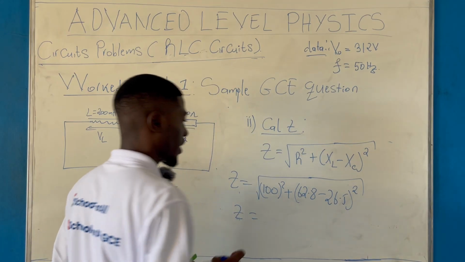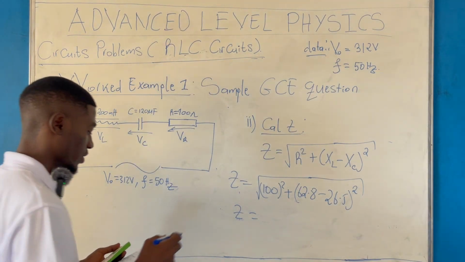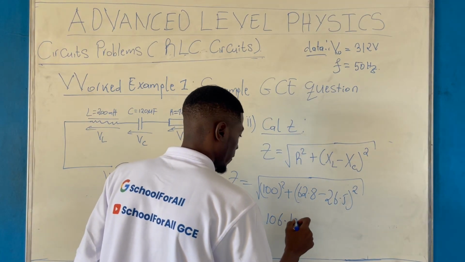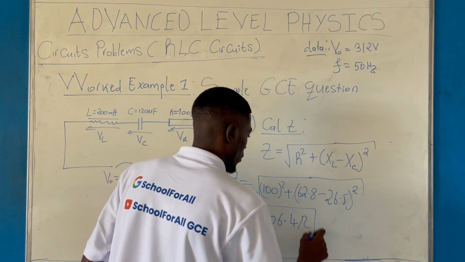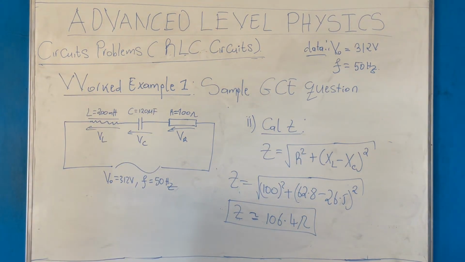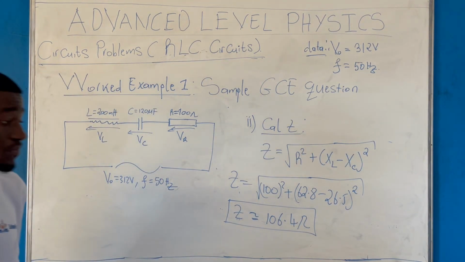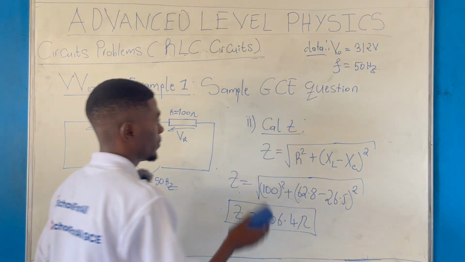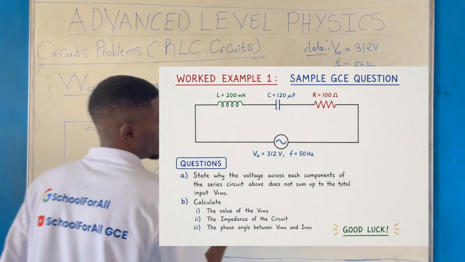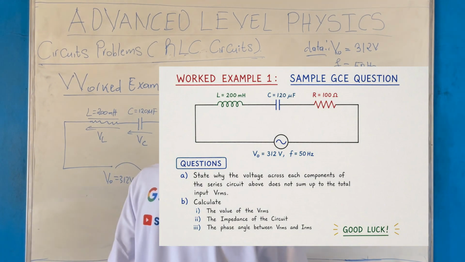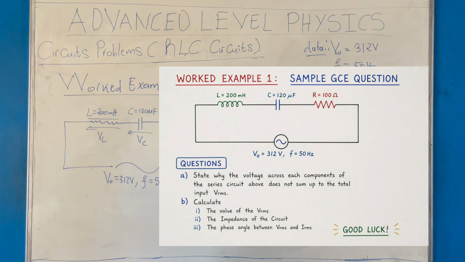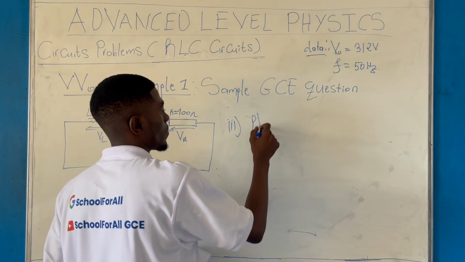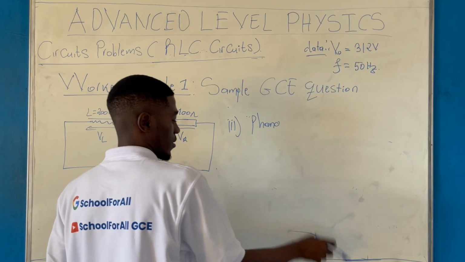After numerical application, you have something like 106.4 ohms. So that is the value of the impedance of our circuit. As simple as that. Now let us proceed with Roman 3. Roman 3 is asking us to calculate the phase angle. The phase angle is the same as calculating the phase difference.